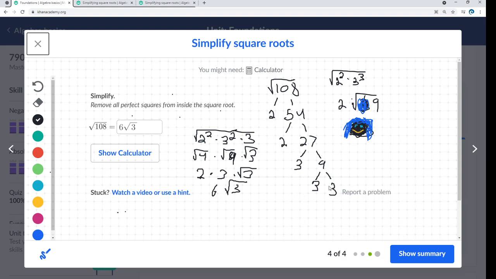Where did this 3 come from again though? 27, 3, and 9. The 9 and 3. Only the numbers that appear twice get included.